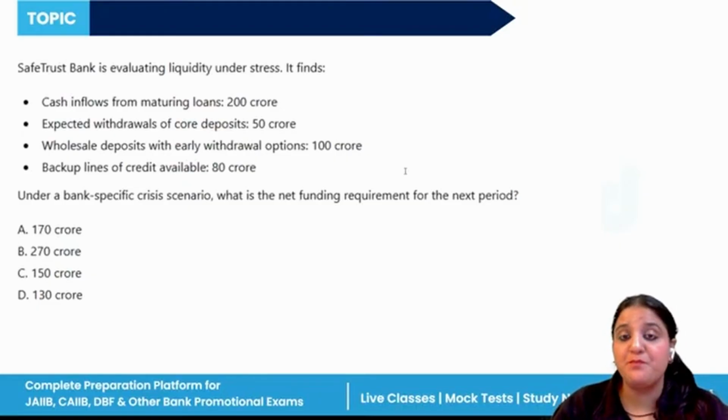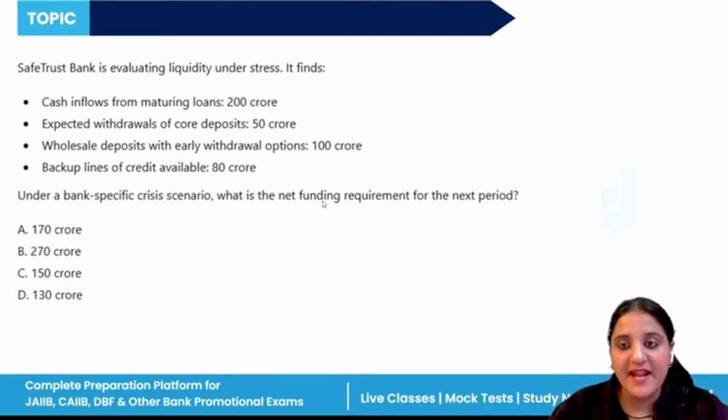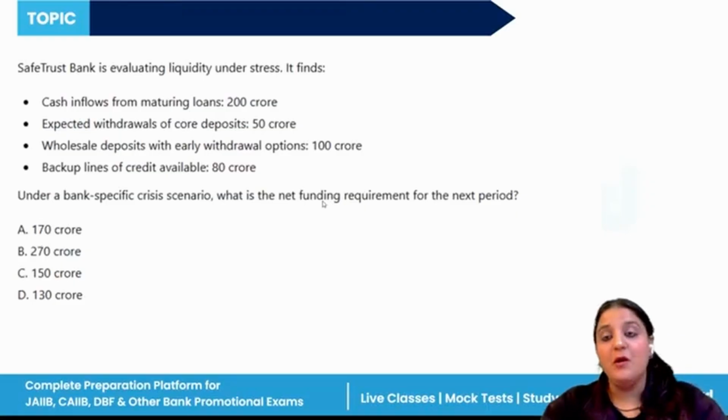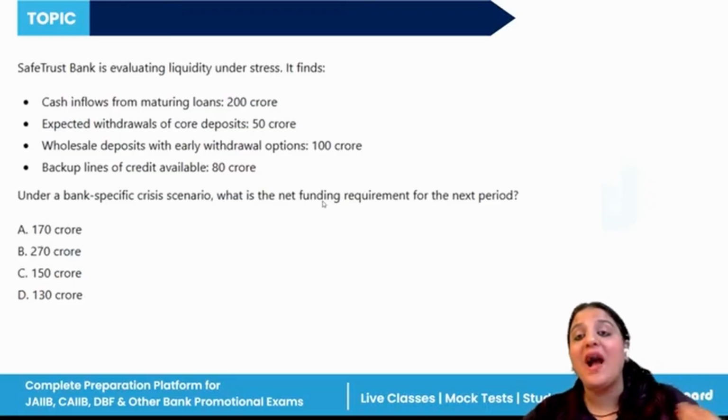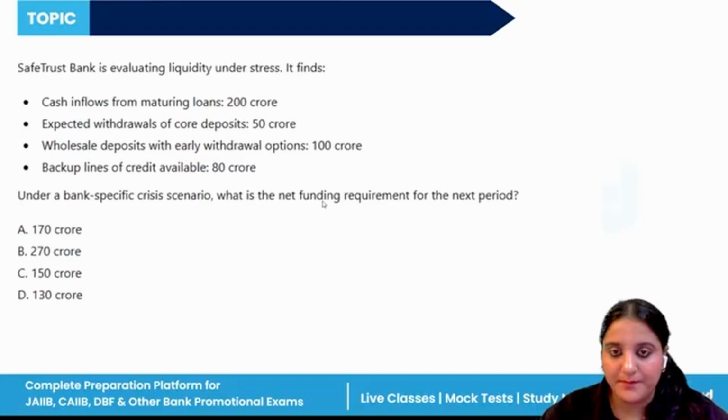It has enough cash, but under stress. In a general market crisis, the entire banking sector or market is in trouble, right? Even if the bank is strong, other banks fail and the market freezes. So the bank may appear quite liquid because investors trust it more than others, or market rules allow some type of support.